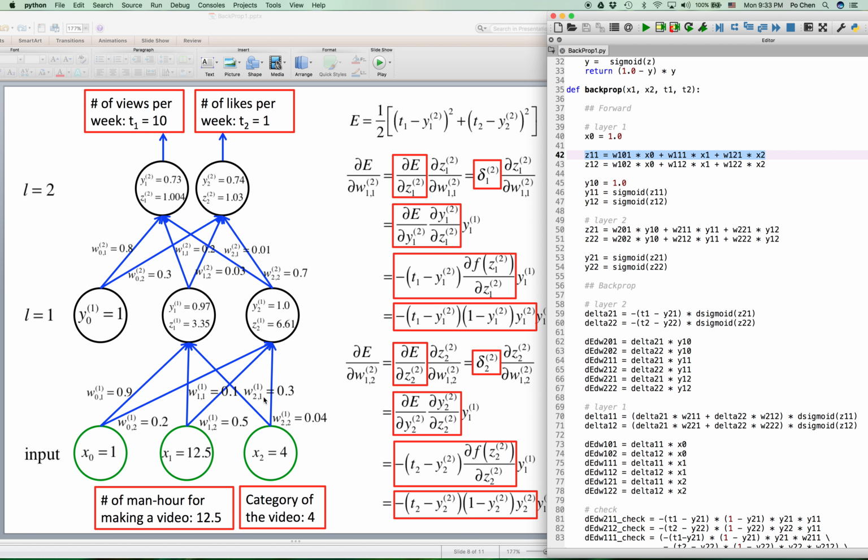And then the neuron output y11 is obtained by just calling the sigmoid function with z11 as its input.